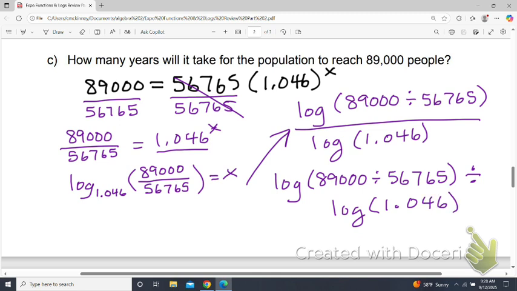Close it. Be sure that you're closing it, especially that first one. You'll get a very different answer. And in this case, it was maybe 9.98 or something. So even if I said nearest tenth, it rounds to a whole number. It will take 10 years.